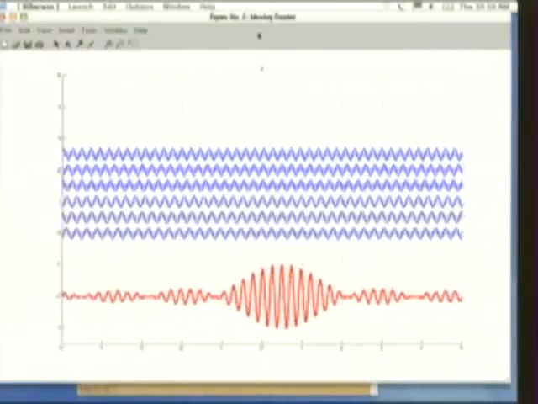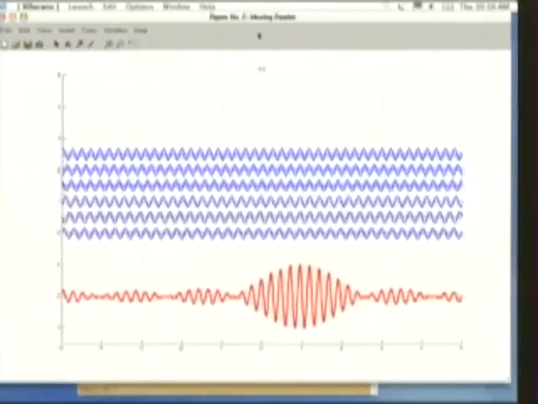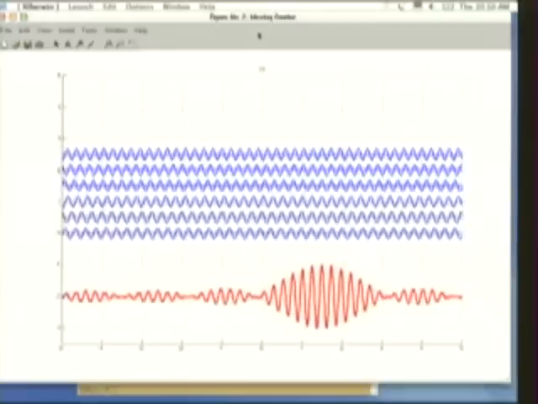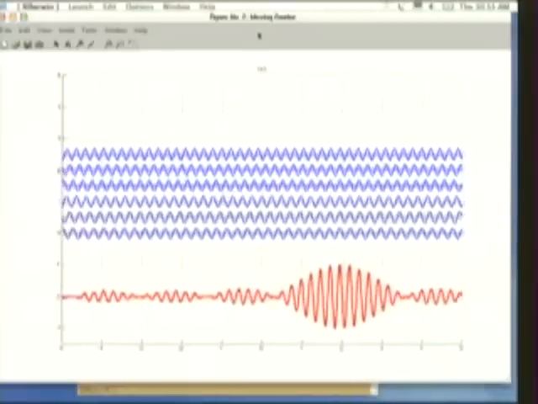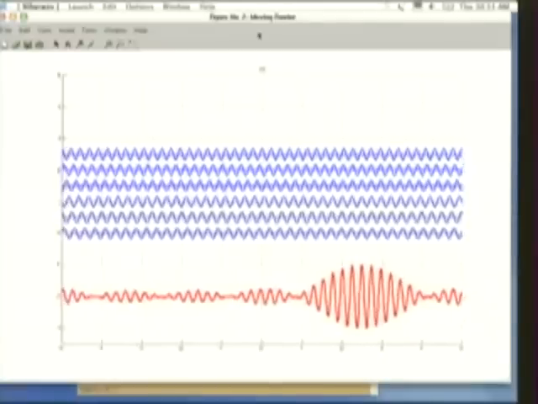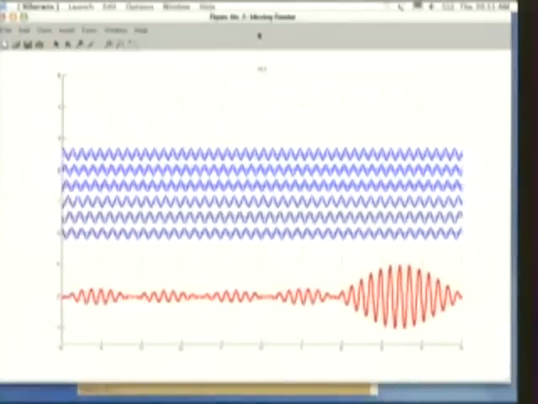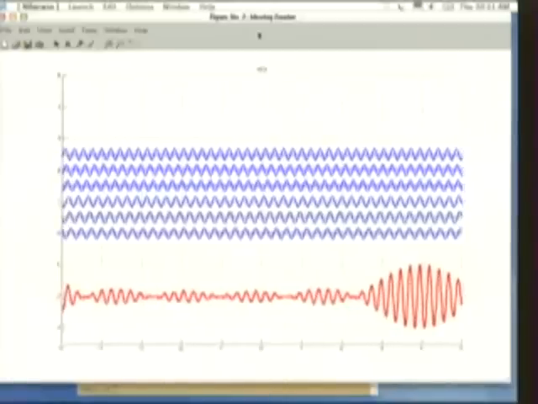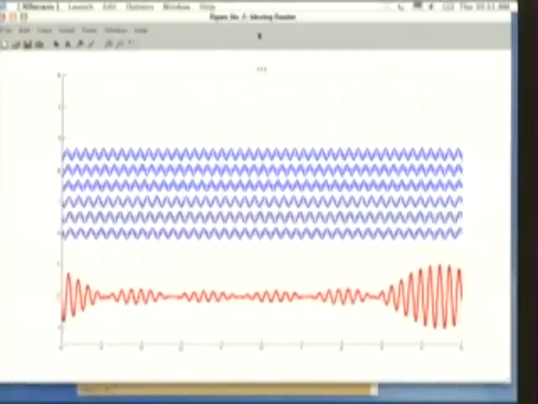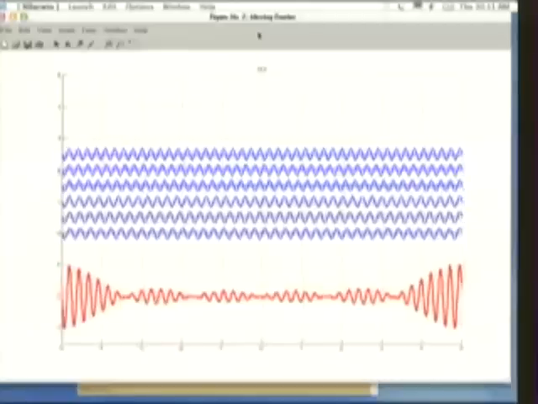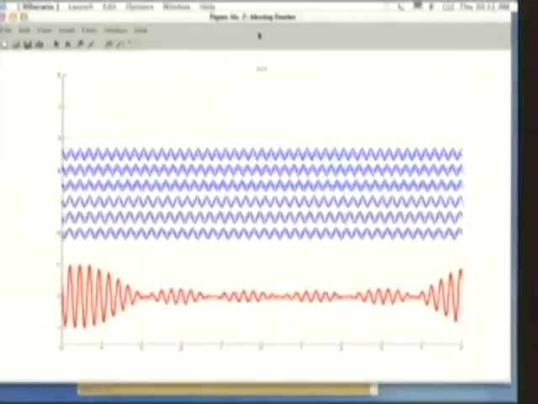Now look very closely. The red one is the superposition of 6 waves. The blue ones are the waves. The blue ones all travel with the same speed. Take my word for it. I put alpha 0. And so this red curve, which is the superposition, which has nothing to do with dispersion, it has to do with geometry. That red curve moves with exactly the same velocity as the blue ones.